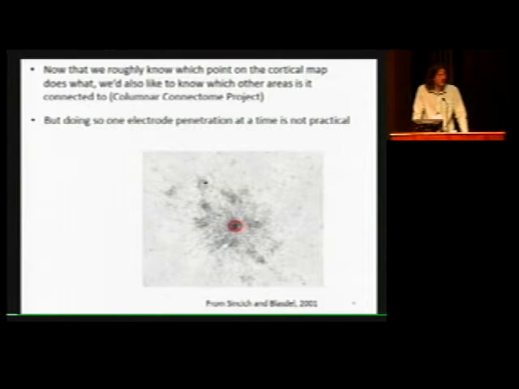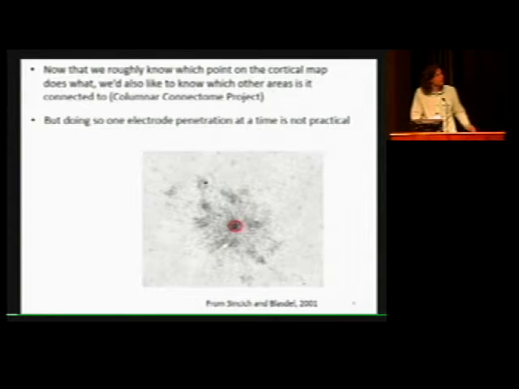Now that we do know where the different areas are, we'd like to know how they are connected to each other. This is basically the basis behind the Connectome project. But doing so, one electrode penetration at a time, is not practical.